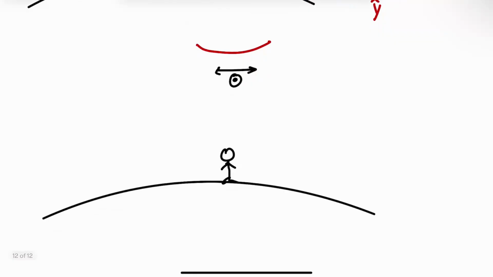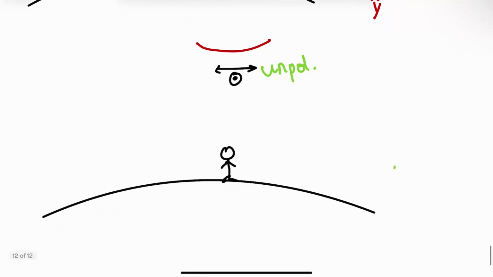Now in this scenario, when you look up, you don't see any polarization, so it would be unpolarized. But if you look to the right, you will see only this component, which would be polarized. If you look out here, you'll see this component polarized. If you look in positive z and negative z, then you will see this component.